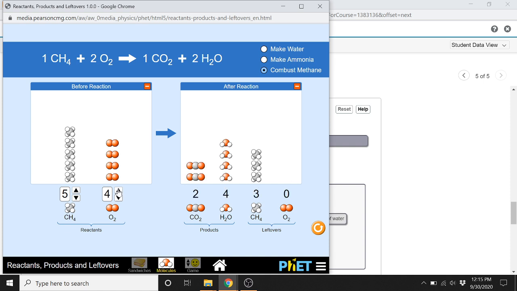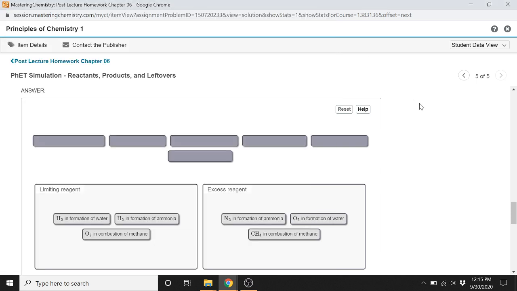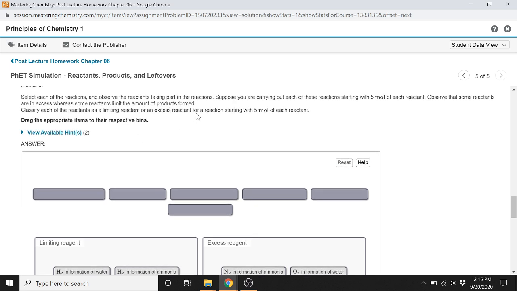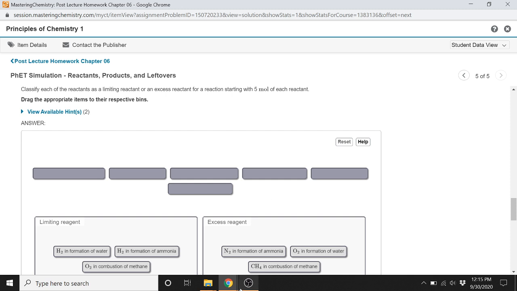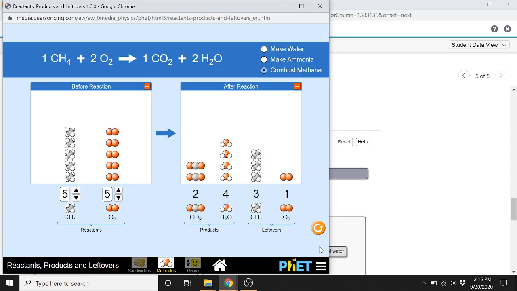At this point, hopefully you're just going, well, duh. Again, because you have 5 for all these, right? Because it's 5 moles, 5 moles. You don't really need to put these in. You could actually just look up here. Whatever number has a larger number here is your limiting, because it's going to get used up faster.